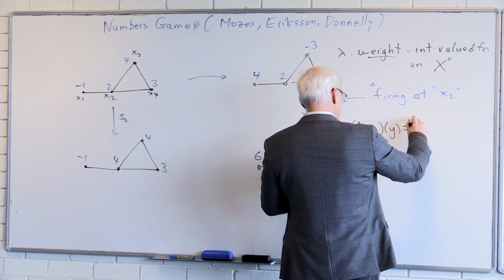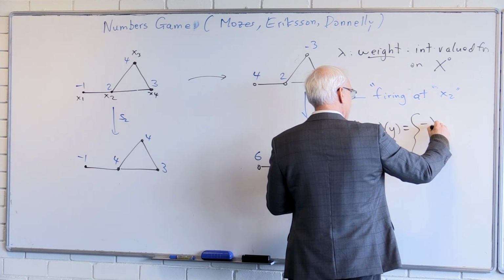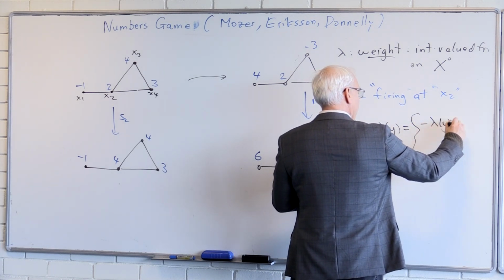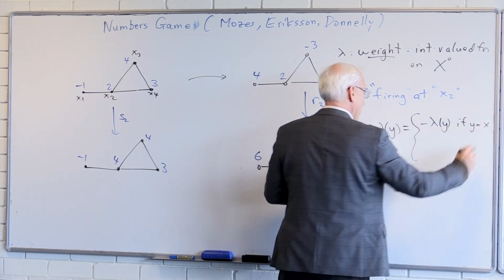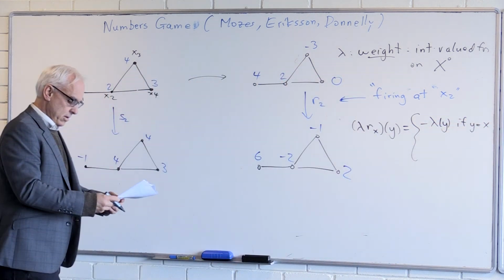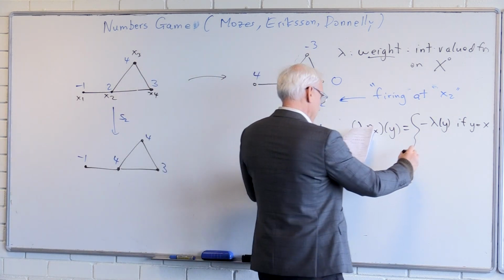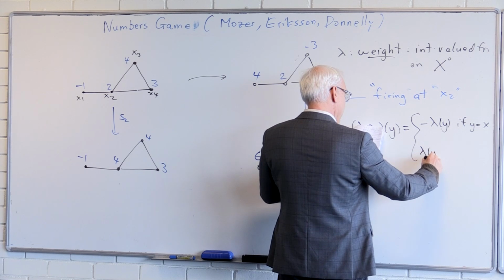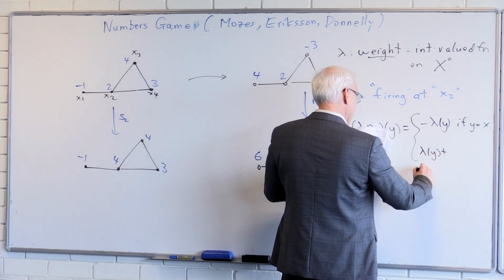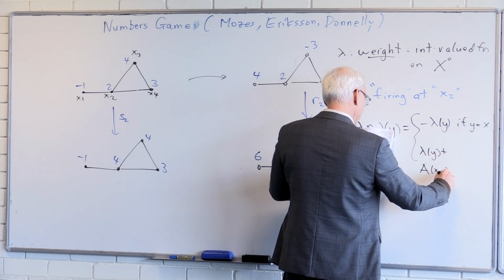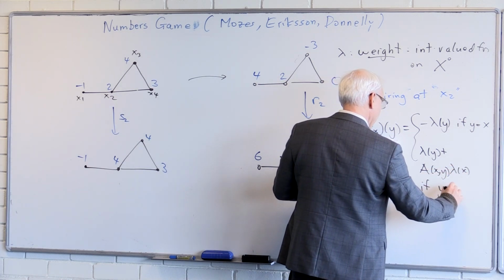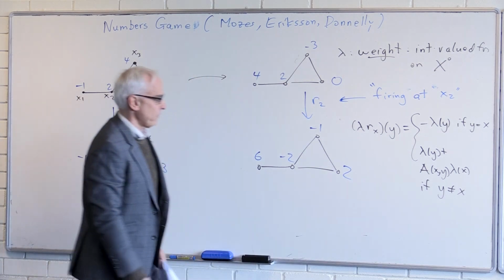So that's going to be minus lambda of y if y equals x. And it's going to be lambda of y plus a of xy times lambda of x if y does not equal x. Hope I said that right.